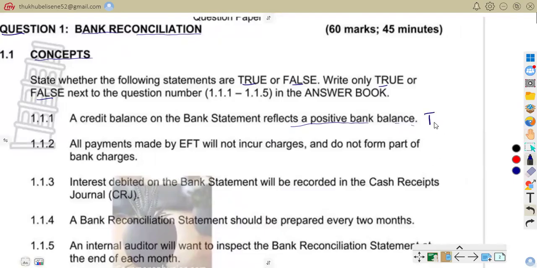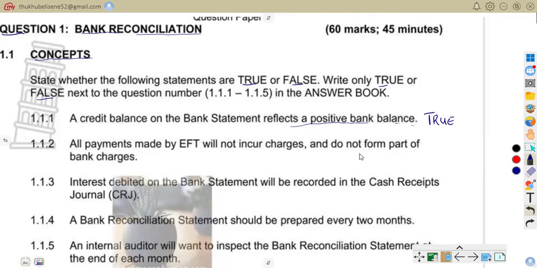As we know, on the bank statement, good people, a credit balance means the bank owes the business money, so the business has money in the bank.